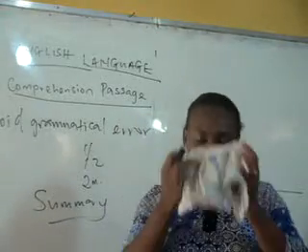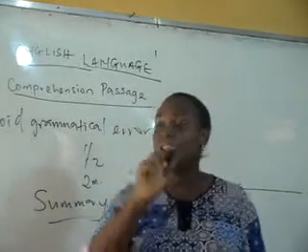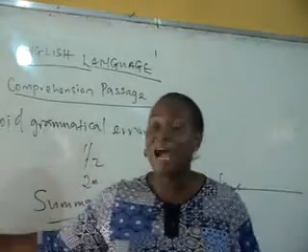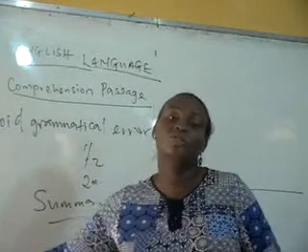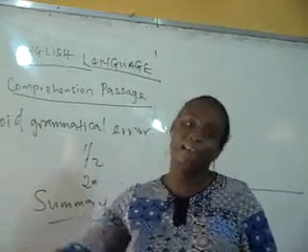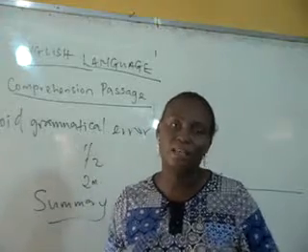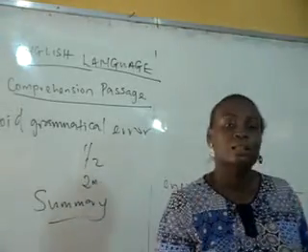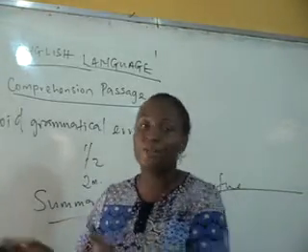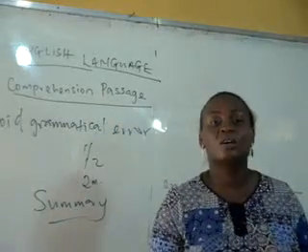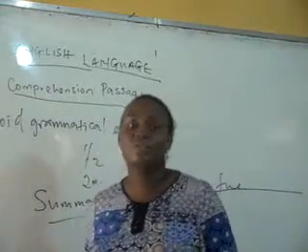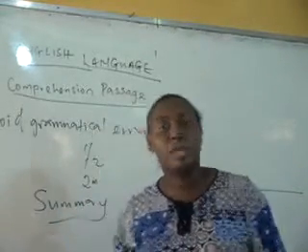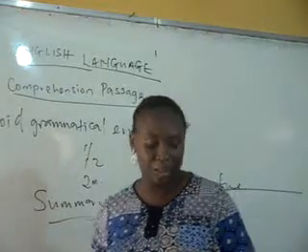Don't say, oh, the advantages of eating well are good health, long life. No, don't do that. Make sure that you say, the advantage of eating well is long life. The advantage of eating well is good health. Don't use preamble. Try as much as possible to avoid preamble.